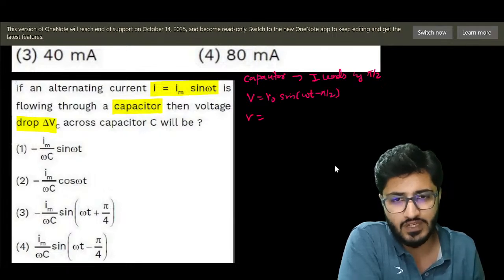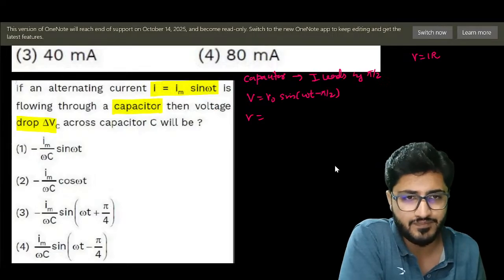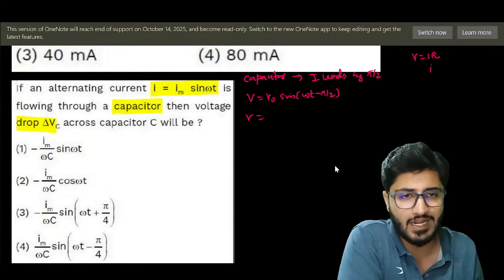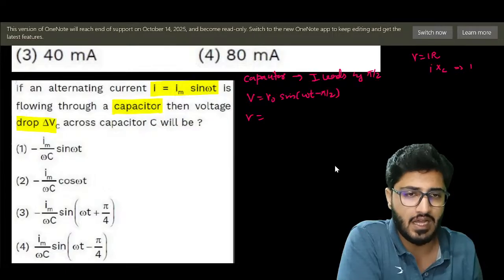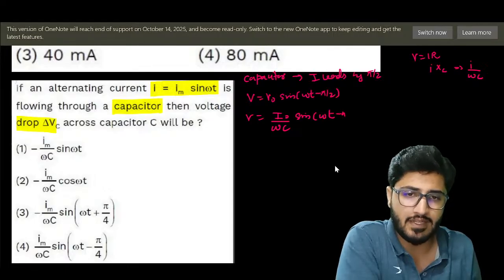What is V naught? By Ohm's law, V equals IR. What is R? R means XC, so I write I times XC. XC means 1 by omega C, so V is I naught divided by omega C, times sine omega t minus pi by 2.